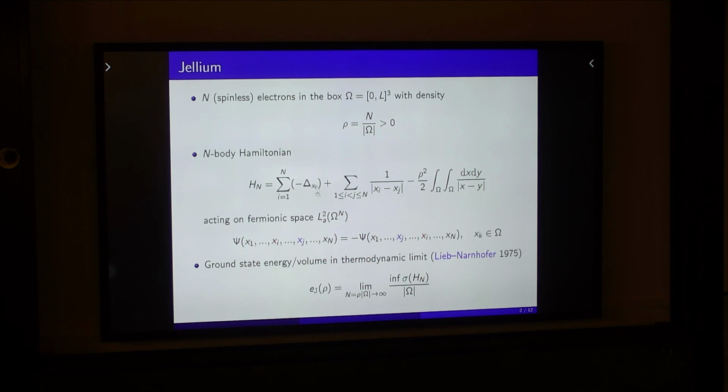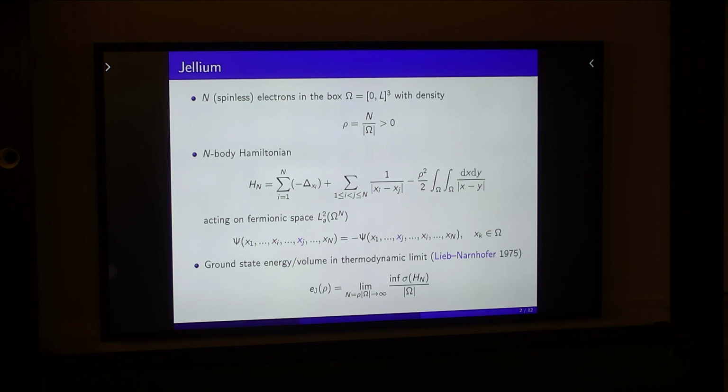Basically, we look at the Hamiltonian, and one of the rigorous statements going back to the 70s is by Lieb and Narnhofer, shortly after Lieb and Lebowitz proved the existence of the thermodynamic limit for atoms and molecules.